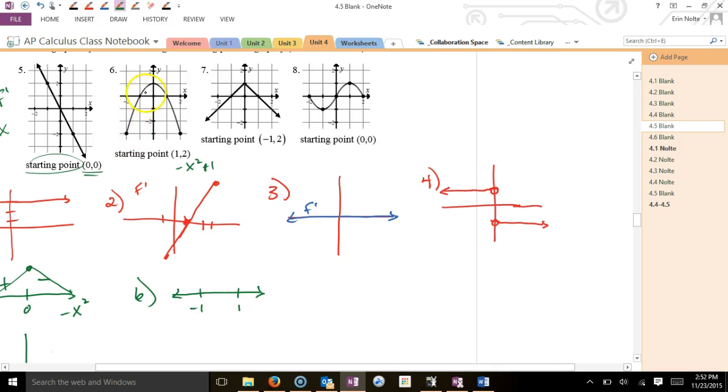So before -1, I have a negative slope because it exists below the x-axis. Then from -1 to +1, it's above, so that's a positive slope. And then it's below, so that's negative. So this one goes down, up, down. If I add 1, it's going to be a John Travolta, which should make sense. If we add 1 to the exponent, it would be a negative with his left arm up.